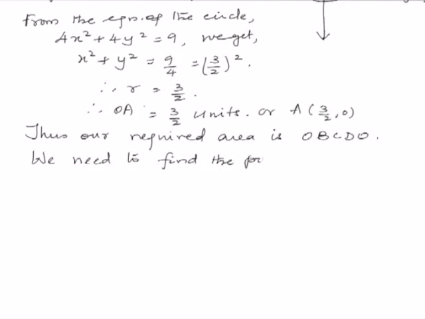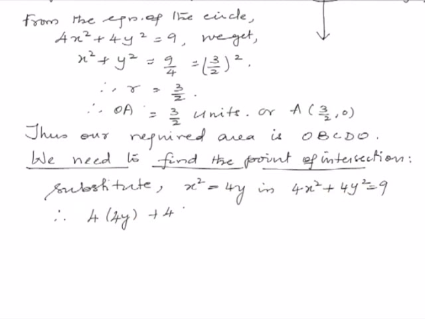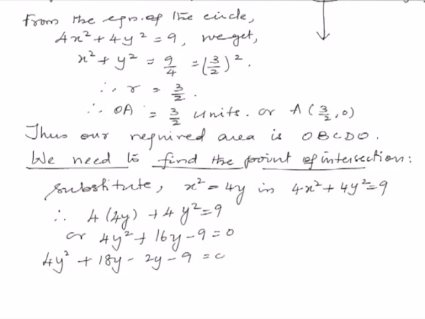It's time to find the point of intersection now. How do we take it forward? I substitute x squared is equal to 4y in the equation of the circle. So, it is 4 into 4y plus 4y squared is equal to 9, or 4y squared plus 18y minus 2y minus 9 is equal to 0.